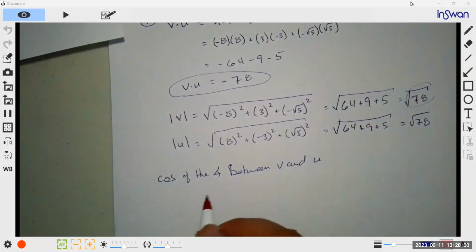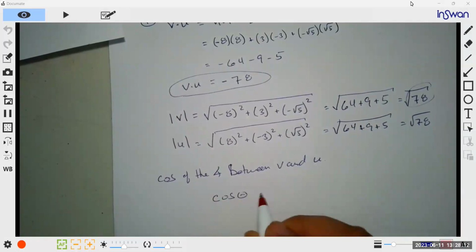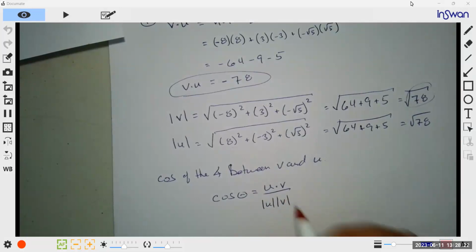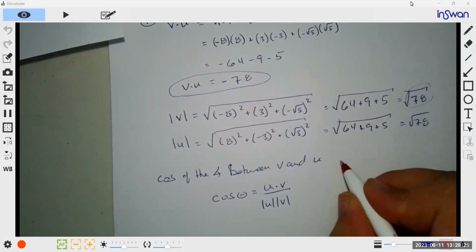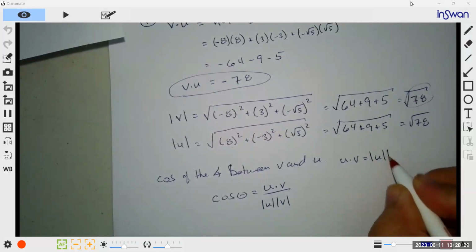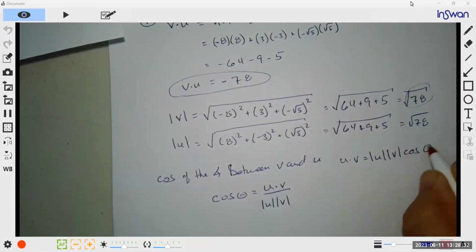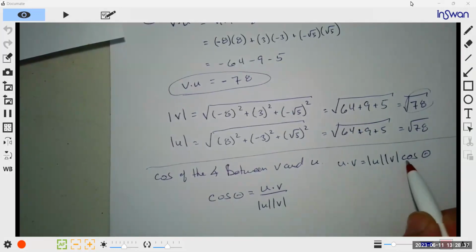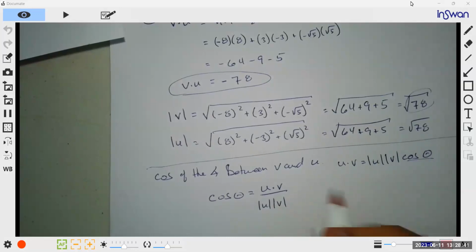All that's really looking for is the cosine value, which is u dot v over the magnitude of u times the magnitude of v. Remember, the formula we started with first is u dot v is equal to the magnitudes times the cosine. So we're trying to find the cosine of the angle, so divide both sides by the magnitudes and we get this.